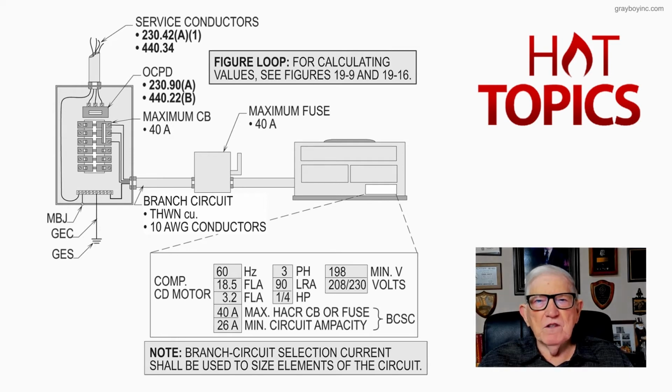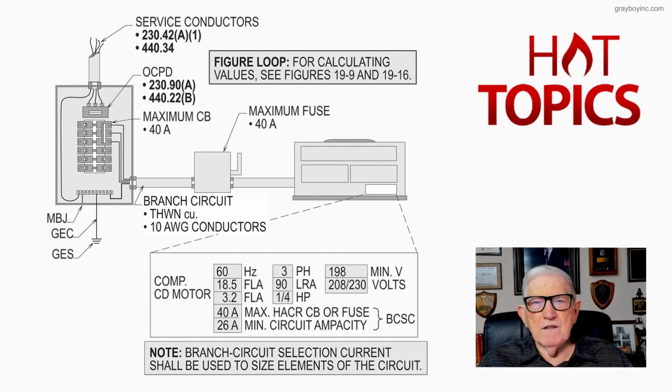For the service conductors, 230.42A1, we'd calculate 125% of the continuous load plus the non-continuous load that operated less than 3 hours, and then loads with demand factors. But we'd apply 440.34 because we have combination loads here. It's receptacles, lights, appliances, and AC unit, and so forth.